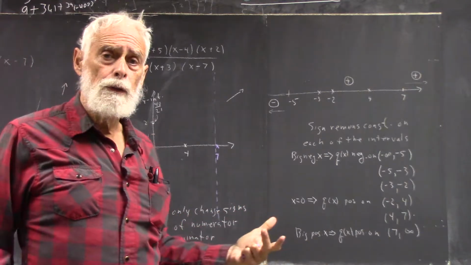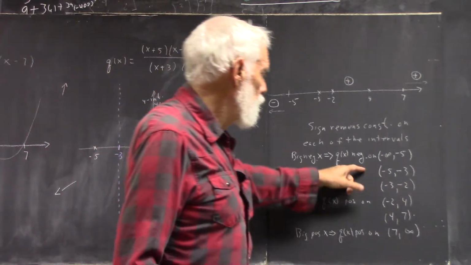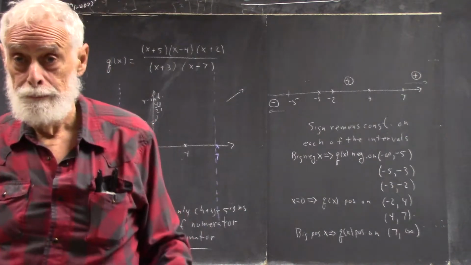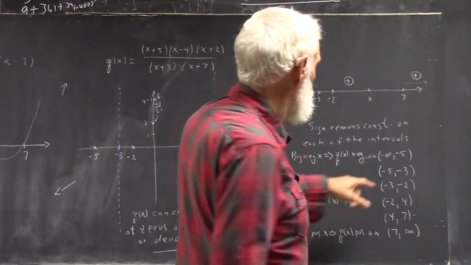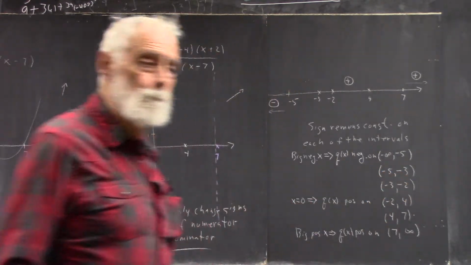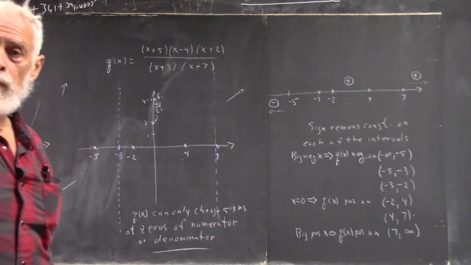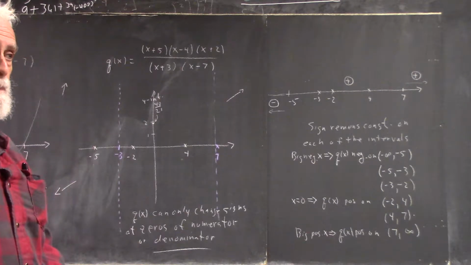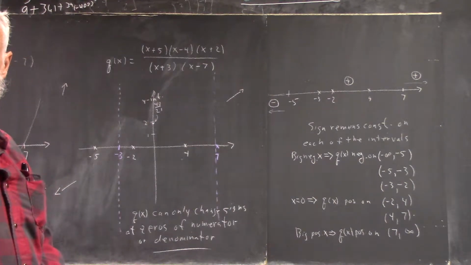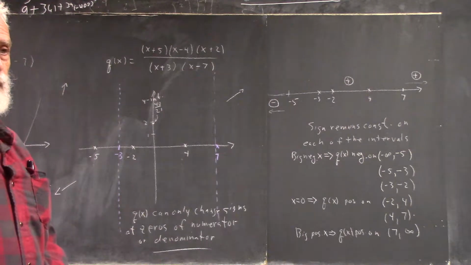So all we've got to do is figure out what happens on these 3 remaining intervals. So how are you going to figure out what happens in the interval from -5 to -3? I'll give you a hint.